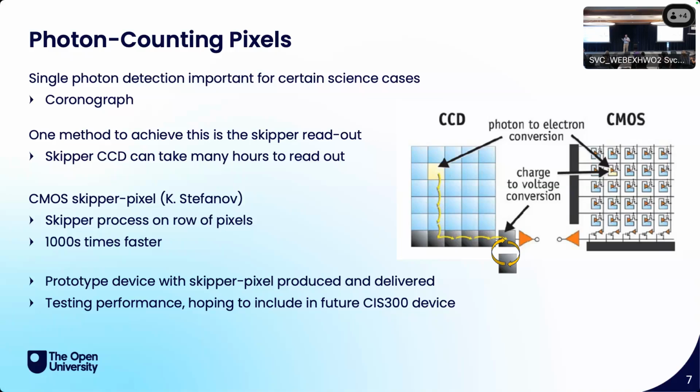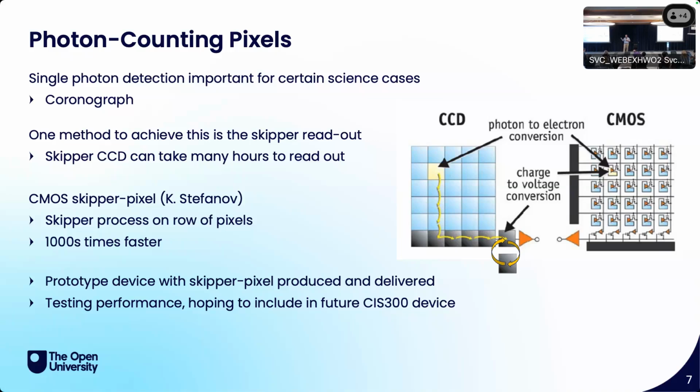However, for a CCD that only has one readout, this of course takes a lot of time because you need to do often many thousands of skips or measurements. So what we've implemented is this floating gate in the single pixel.